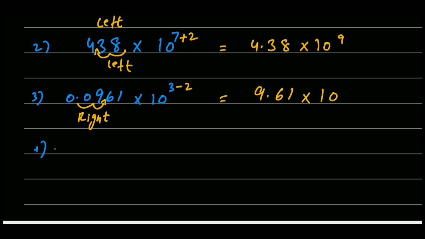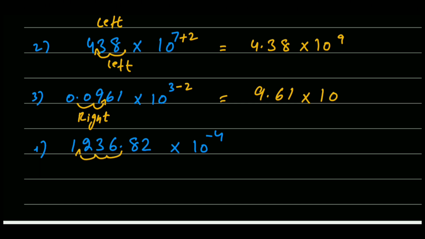Next example, 1236.82 multiply 10 raised to power minus 4. Okay, so here our decimal should move after 1. So 1 number, 2 and 3.